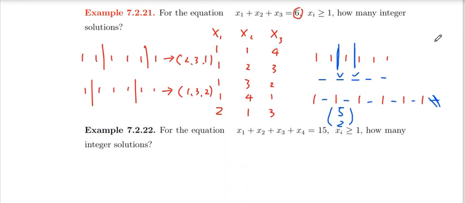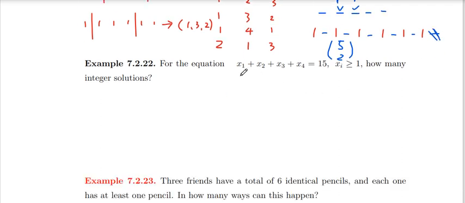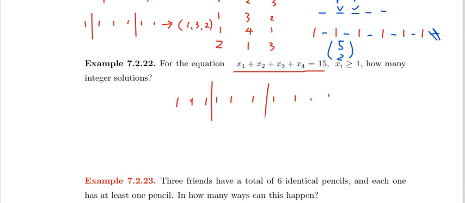Okay, so now there's a problem, which has become an easy one. We have 15 bars, and we want to split them into 4 parts, x1, x2, x3, x4. So we just need 3 splitting bars, right?